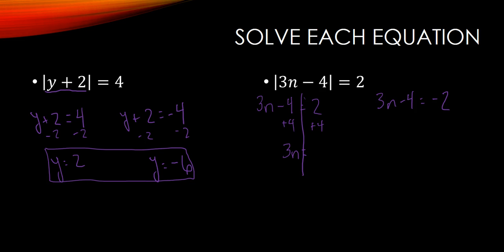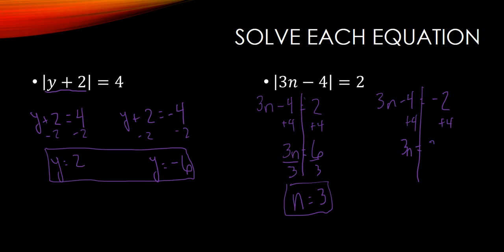And I get 3n equals 6. Last step, divide by 3, and I get n equals 3. The other equation, again, you're adding 4. So you get 3n equals 2. Divide by 3, and n is 2/3.